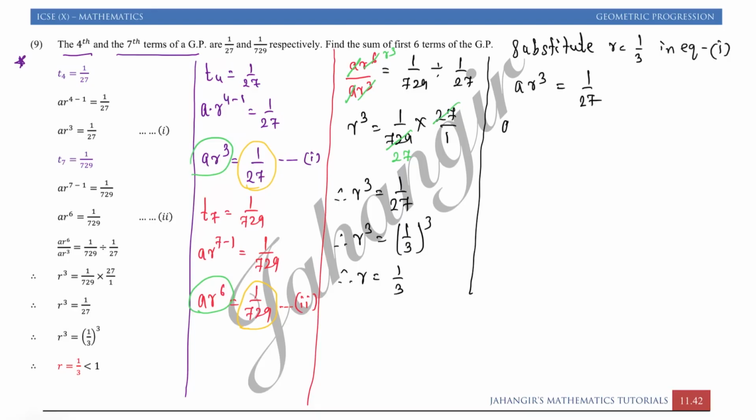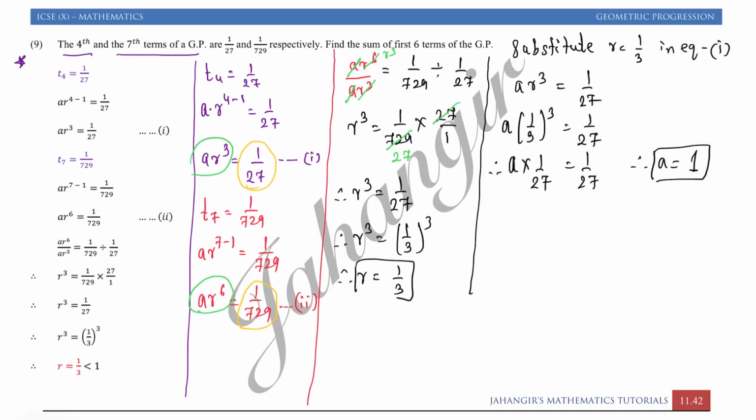A's value we have to find, R's value is 1 by 3 whole cube is equal to 1 by 27. So therefore 1 by A into 1 by 27 is equal to 1 by 27. So therefore we can say A is equal to 1. So we got value of A, we got value of R. R's value is less than 1.